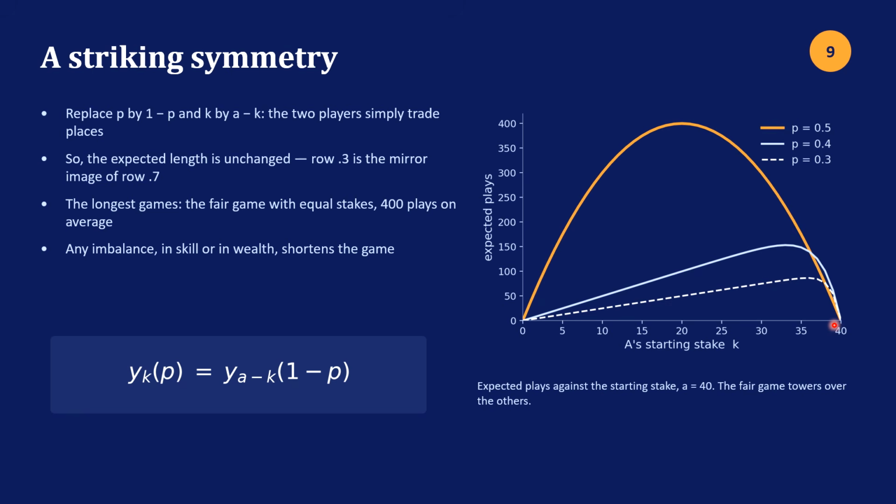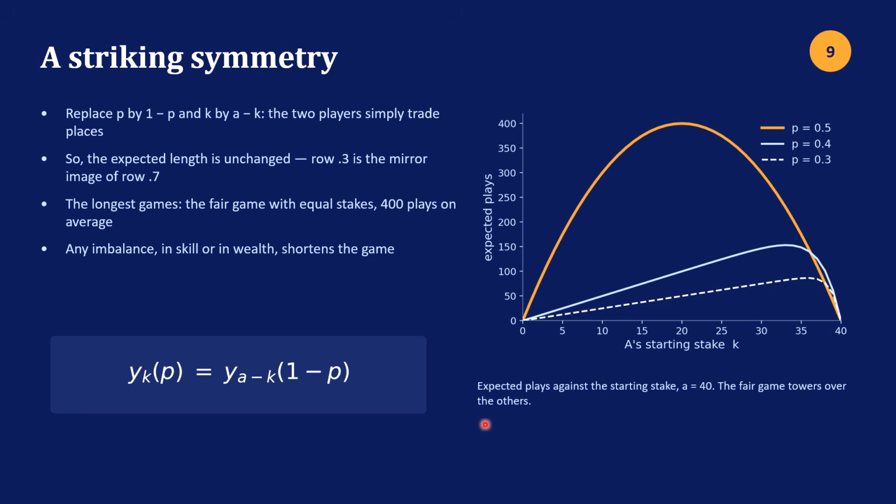So, for example, if you gave all 40 of the units to A at the beginning, then of course B immediately goes to ruin. I'm not sure where this crossover is, it seems around 35. So even 36, 37, 38, and 39, it's actually B that's going to ruin. That's why these graphs are going down at the end there.